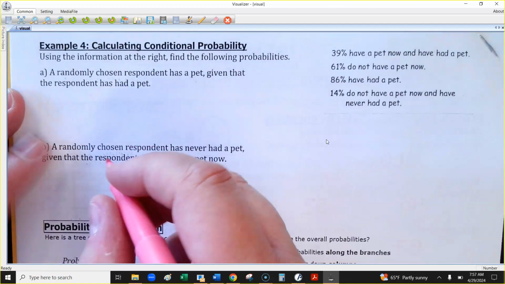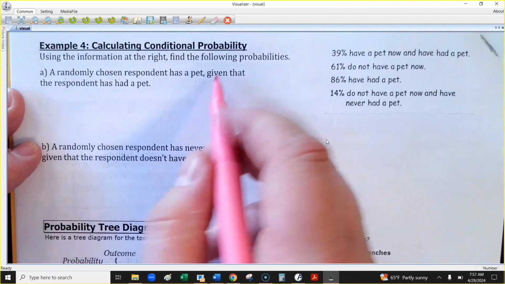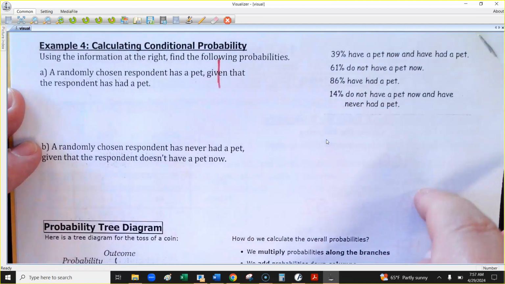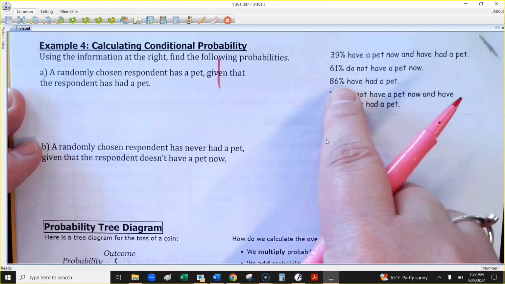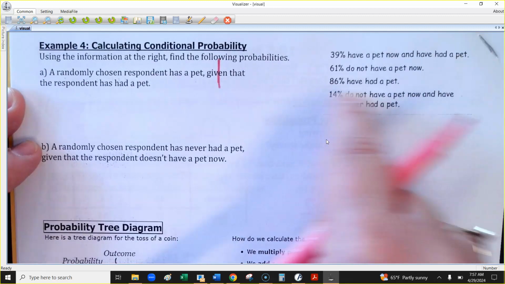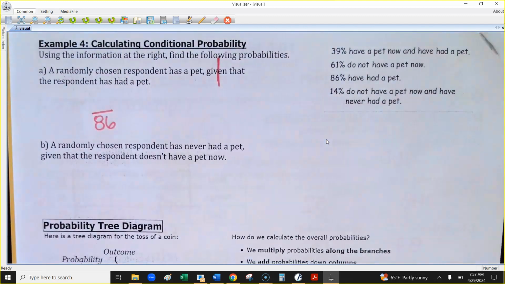So randomly chosen respondent has a pet, this would be like your bar here, given that the respondent has had a pet. I should have written the context correctly. It says 86% have had a pet, so the 86 would go on the bottom. I know it's given to you as a percentage, but you can literally just use the numbers.